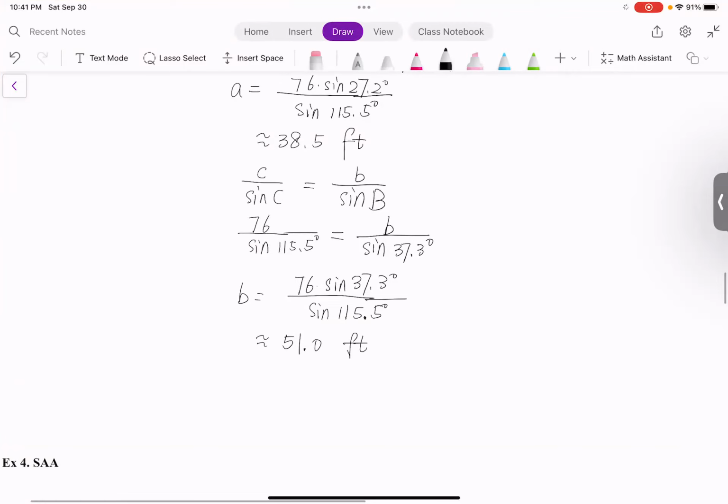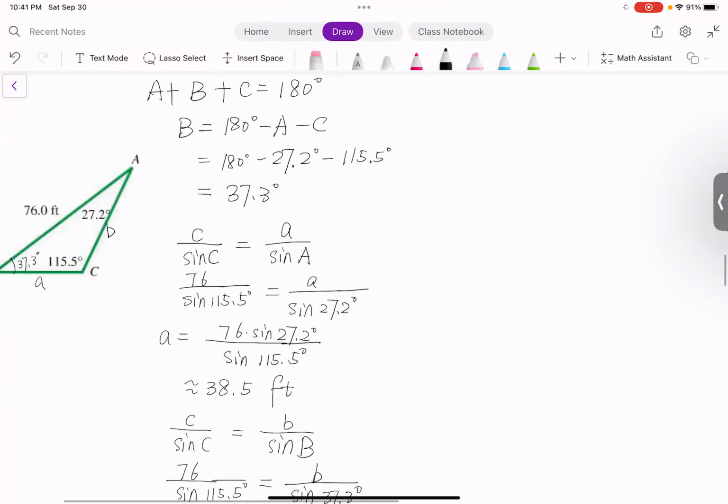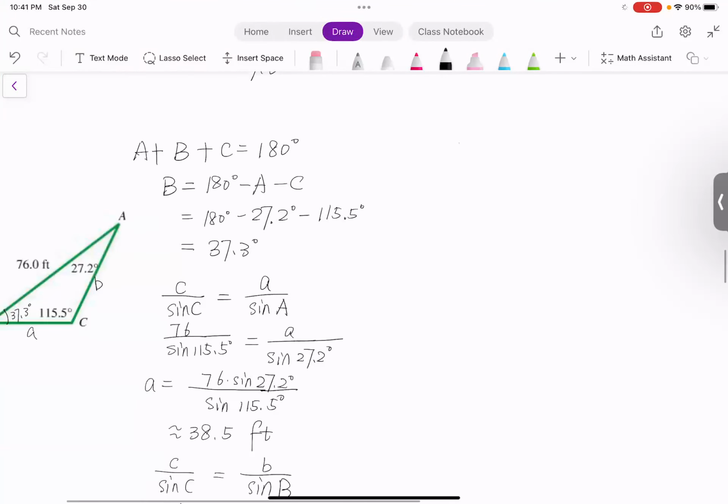So I found all the missing information. I listed them here, do the conclusion. Angle A equals 27.2 degree. Angle B equals 37.3 degree. And angle C equals 115.5 degree.